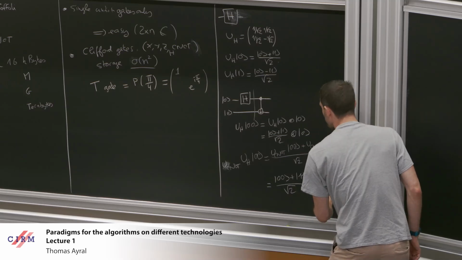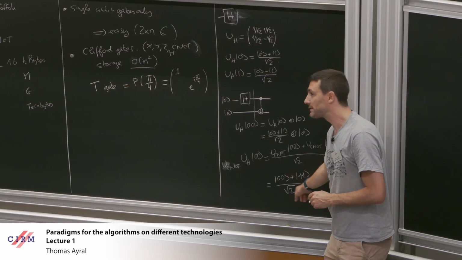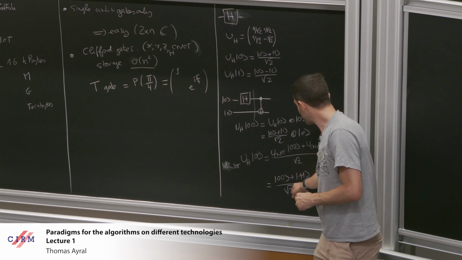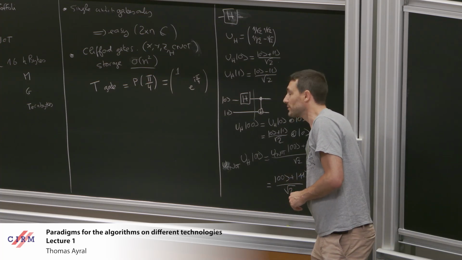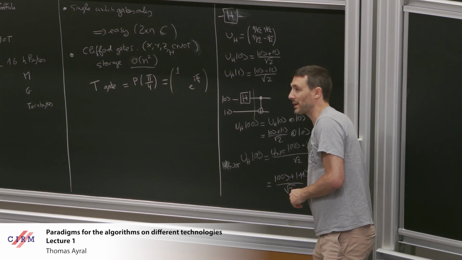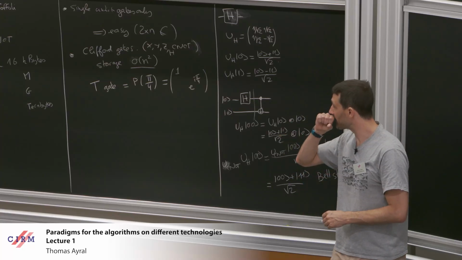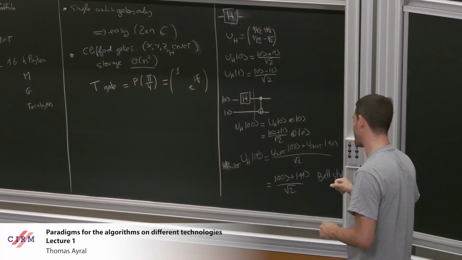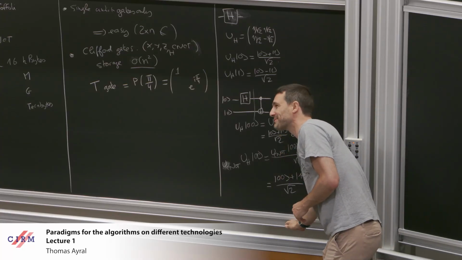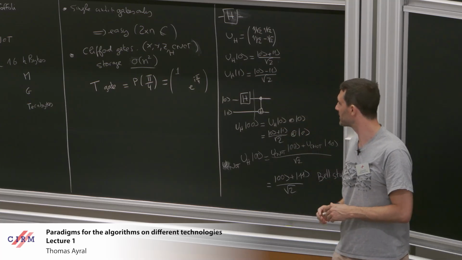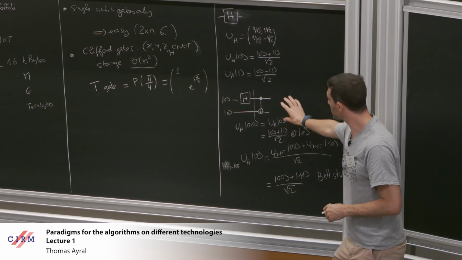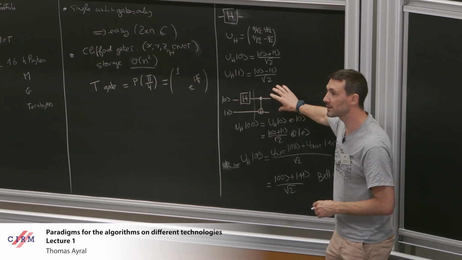And why am I mentioning Nobel Prizes? Because with this state, you can prove interesting inequalities called Bell inequalities that gave, not Serge Haroche, Serge Haroche was for another thing, Alain Aspect the Nobel Prize a couple of years ago. And so you see here that with this simple circuit, I can create a Bell state.